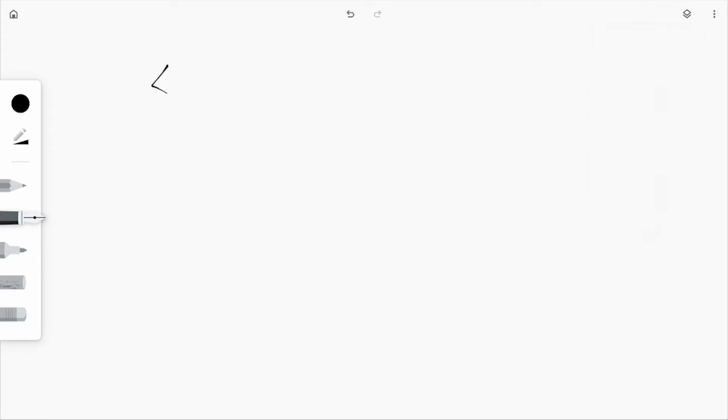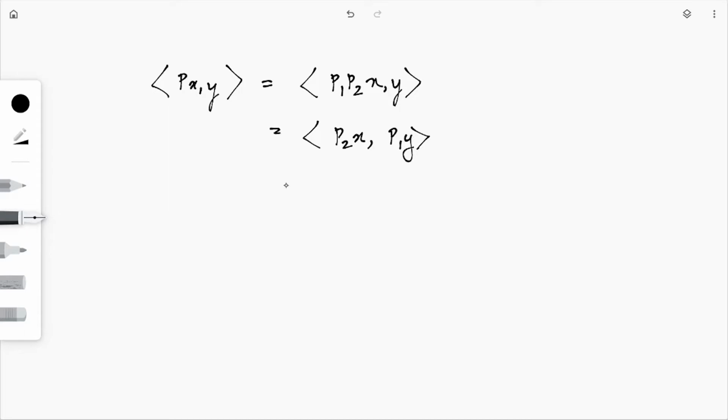Now inner product of P of x, y will be inner product of P1 P2 of x comma y. This is nothing but inner product of P2 of x comma P1 of y, because P1 is an ortho projection, and this is nothing but x comma P2 P1 of y, because P2 is also an ortho projection.